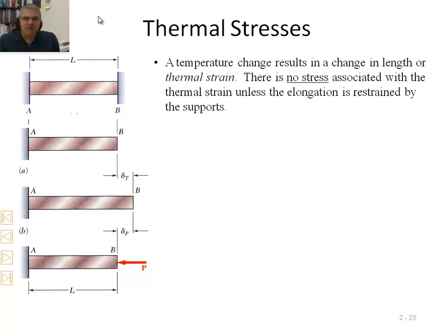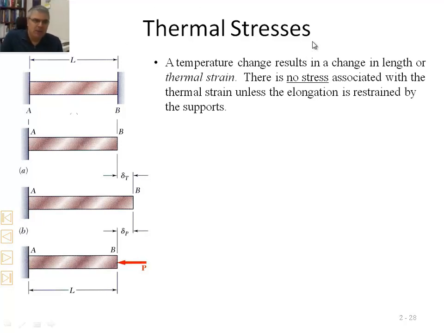Thermal stresses are a very important component of the discussion of strength of material because they affect the properties of the material adversely and sometimes may have undesirable consequences. So imagine that you have a bar AB as shown here.